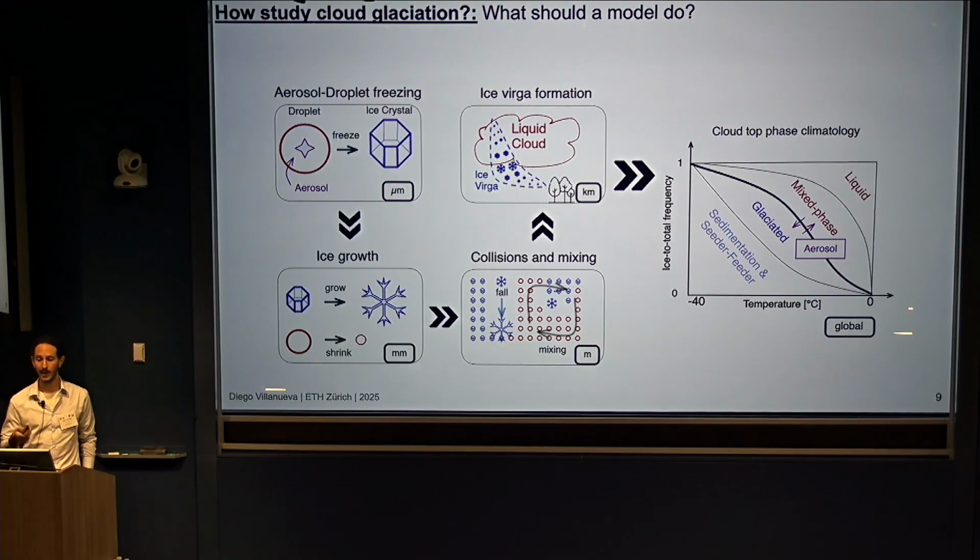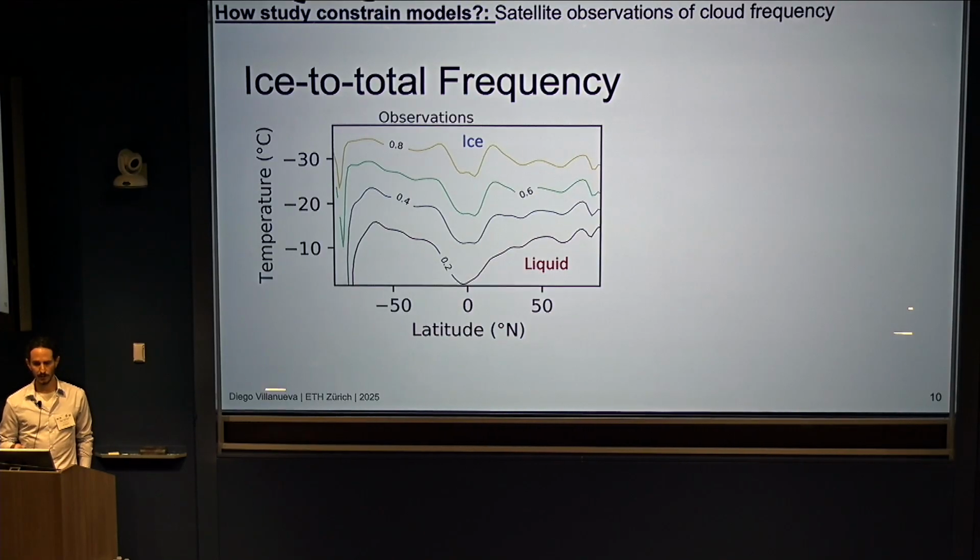And as a result, on the macro scale, we want to have a climatology of the ice to total frequency against, for example, temperature or aerosol that accounts for these mixed-phase clouds becoming glaciated. And this is something we can constrain from satellites, because this ice to total frequency is something you can look at from space. And it looks like this. So these are observations of the ice to total frequency.